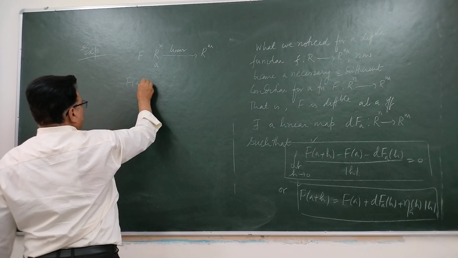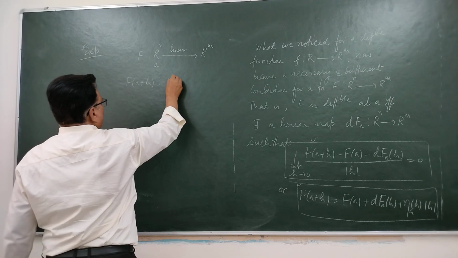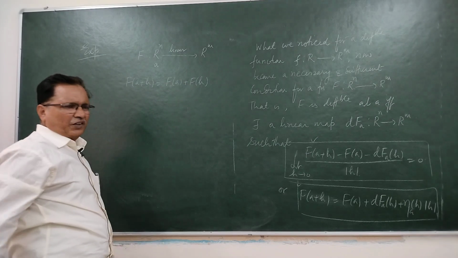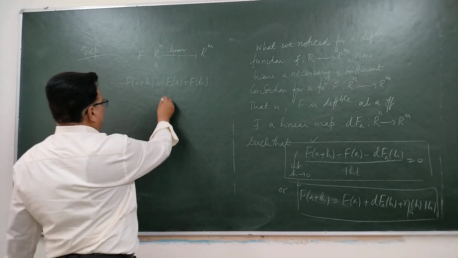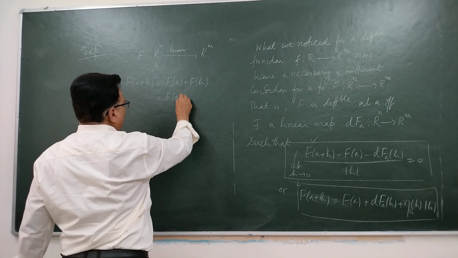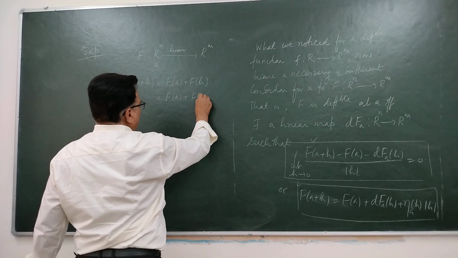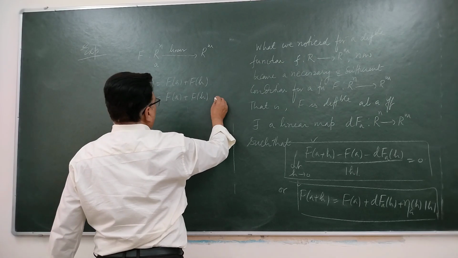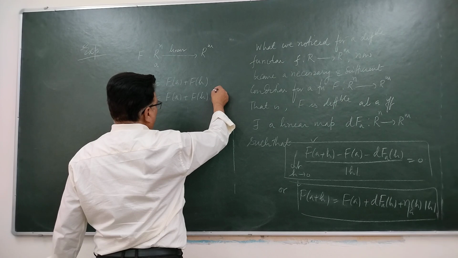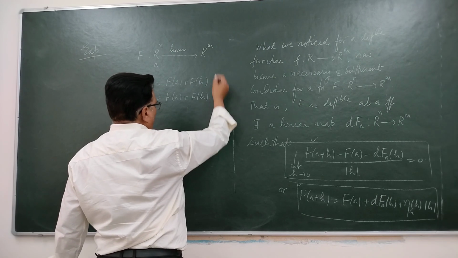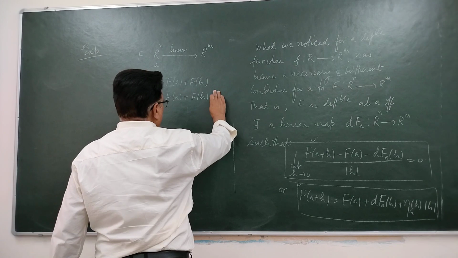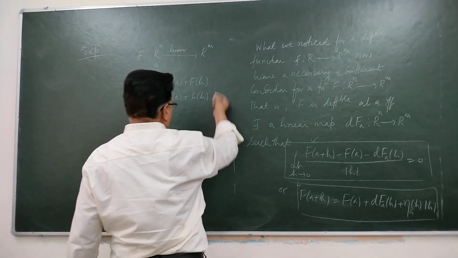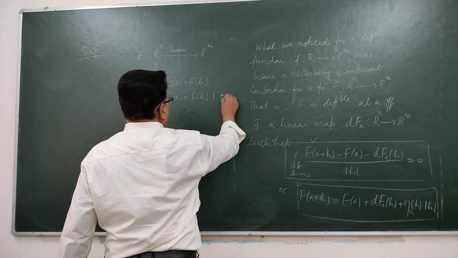So f of a plus h will be what? It is f of a plus f of h, according to the linearity of f. Now, f of a I will keep as it is. f of h I can multiply by an n by n matrix, say the identity matrix, plus some 0.